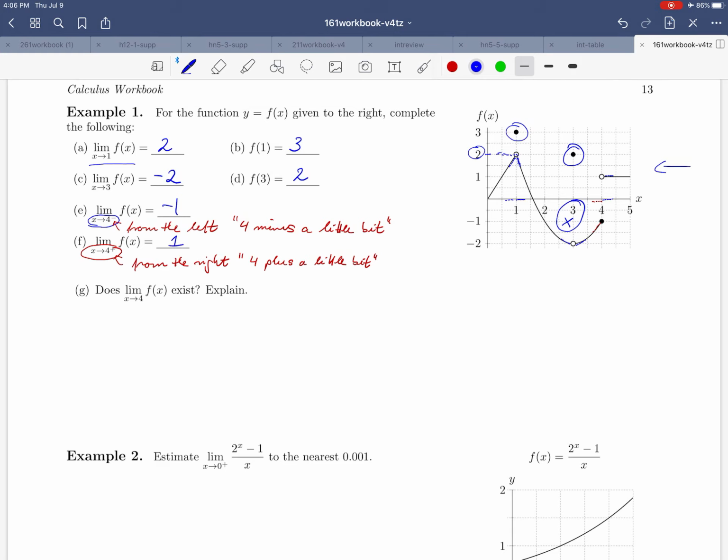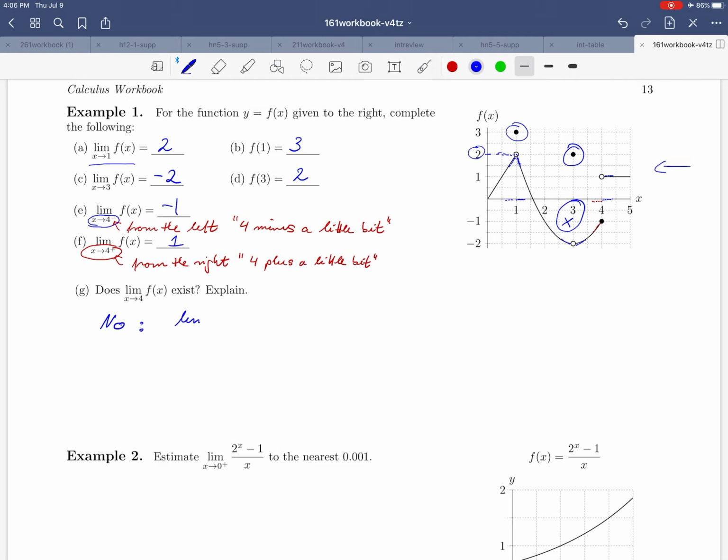So something different is happening around x equals 4, and that is what part G is getting at. The question is, does the limit as x approaches 4 of f of x exist? Well, our answer here is no. And why is it no? Well, it's no because the definition of the limit says a limit only exists if there is one value that our function approaches as x approaches 4.